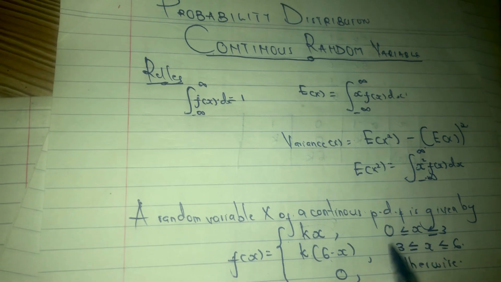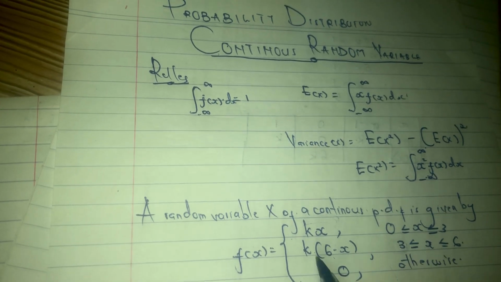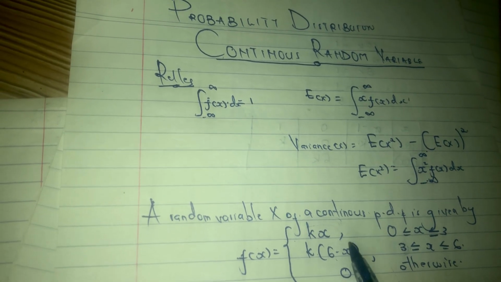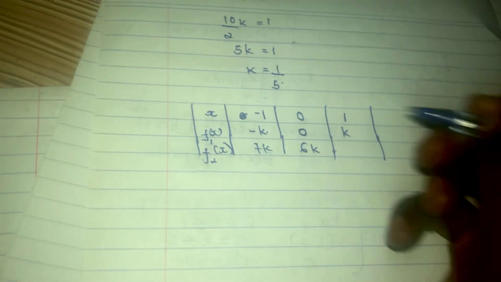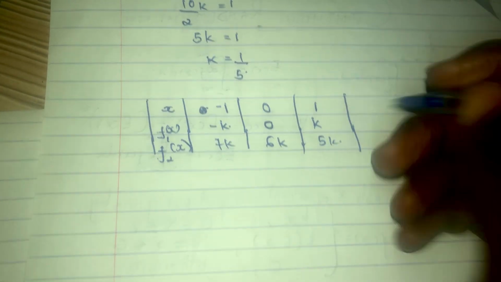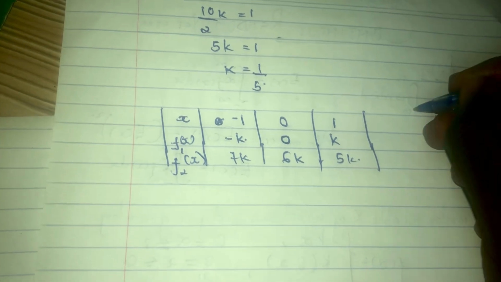And when we put in -1 for this other one, it remains with plus and becomes 7k. This is 7k. And for this side, when we put in 1, it becomes 5k. So we actually sketch this.